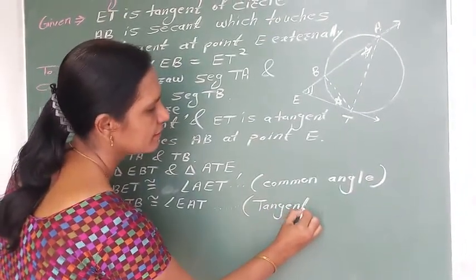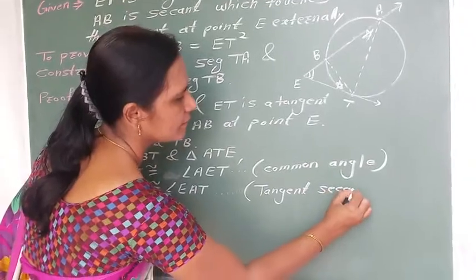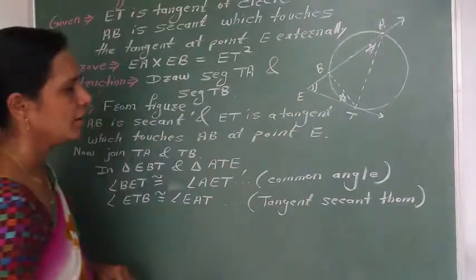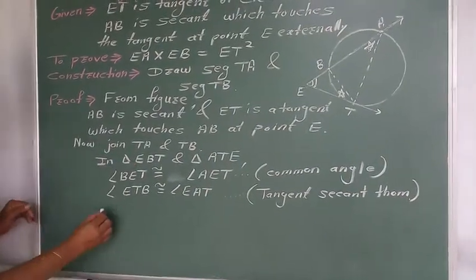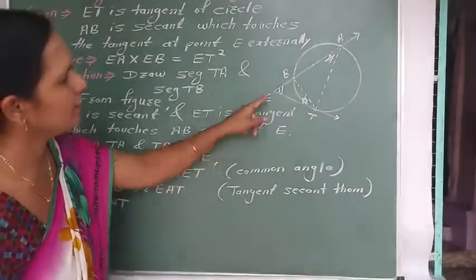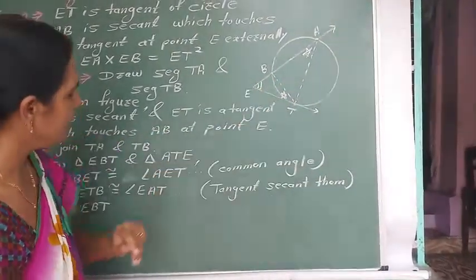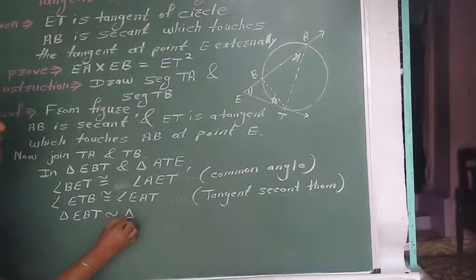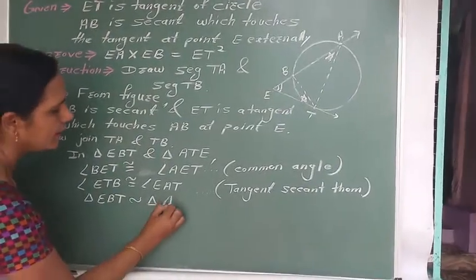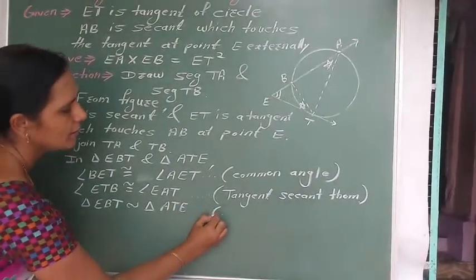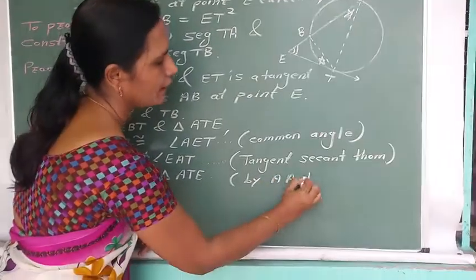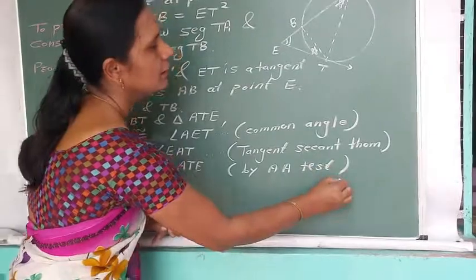Reason: tangent secant theorem. Now triangle EBT is similar to triangle ATE by the AA test, angle test.